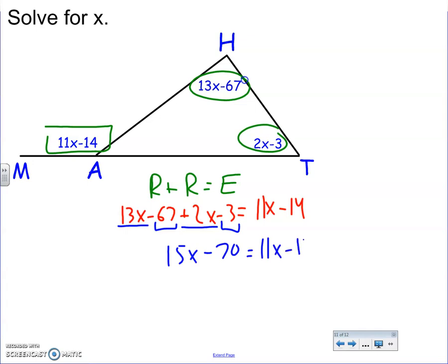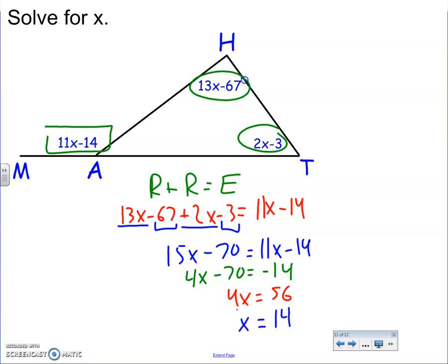Again, combine terms is on the same side only. I'm going to solve for x, so I'm going to subtract 11x both sides to make this 4x minus 70 equals negative 14. Then I'm going to add 70 both sides. That's going to be 4x equals 56. Then I'm going to divide by 4. I get x equals 14.